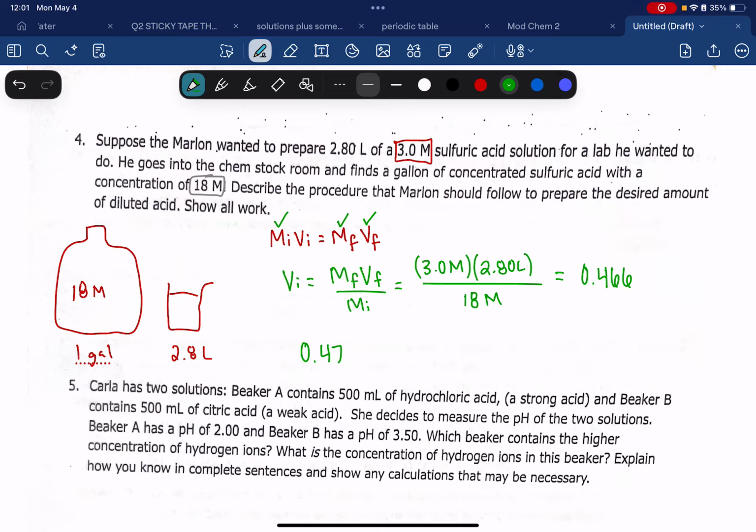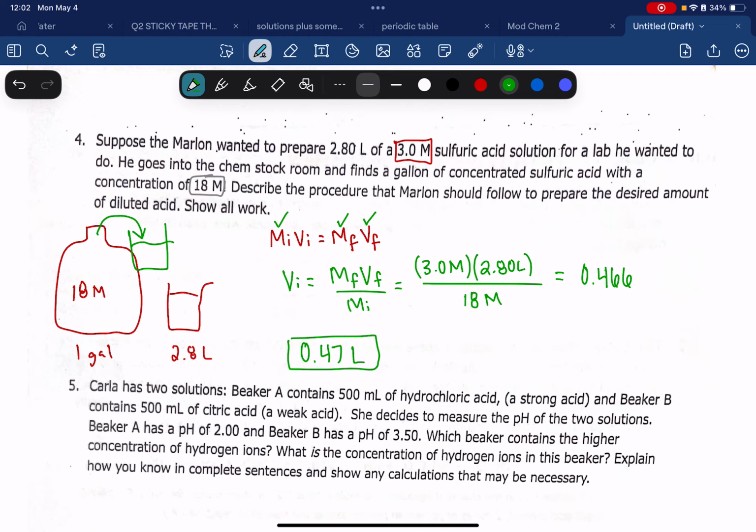And that is the volume of 18 molar that he should start out with. So he's going to pour out a little tiny bit, well, not that tiny, but he's going to pour out 0.47 liters of 18 molar, and then he'll add water to that in order to make his final solution.